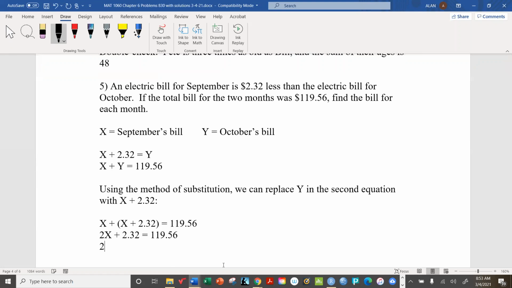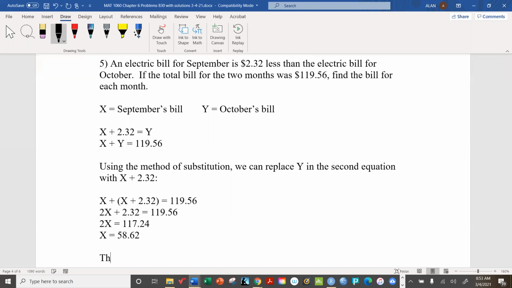So now, of course, we're going to subtract 232 from either side. 2X equals 117.24. And of course, now we're going to cut that in half. And we get X equals 58.62.